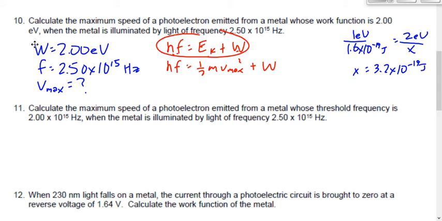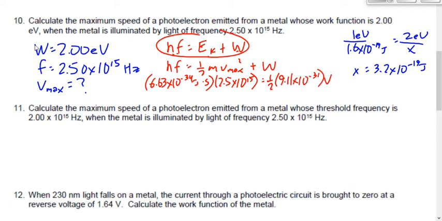All right, let's sub in our numbers here. 6.63 times 10 to the minus 34 joule seconds times 2.5 times 10 to the 15. We always use the mass of an electron here because that's what's ejected. And the work function is now 3.2 times 10 to the minus 19 joules because we want it in joules.